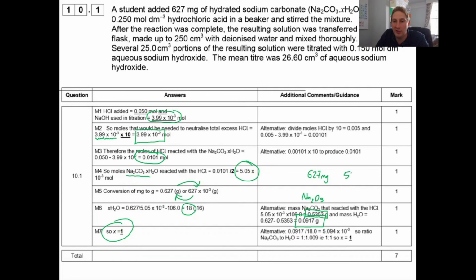You know that 535 milligrams were the Na2CO3 bit, so therefore you would have had 92 milligrams, which is the H2O bit. So you could work out the number of moles of water and work out the ratio between them, and you would have worked out the same ratio between the water and the sodium carbonate. So that was an alternative way to do it.